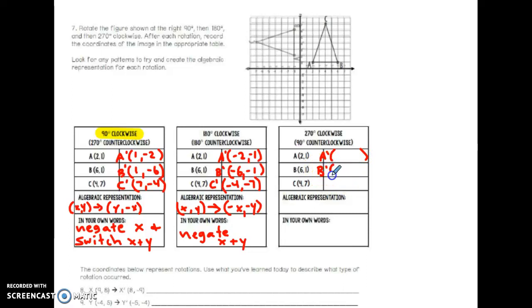Take a second. You can pause the video right now so you have time to do this yourself. Record the image that you see for this 270. Come up with, at least in your own words, what you think is happening with the pattern, and try the algebraic representation also. So go ahead and pause, try this one on your own.